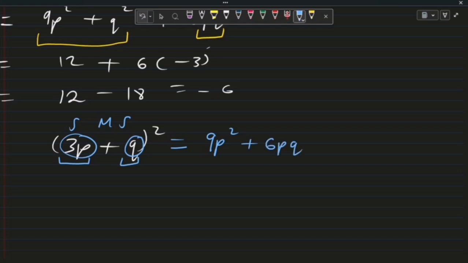So first step, you square the first term. The first term in this situation is 3p. The second step, you multiply the two terms and then you get the product. 3p times q is 3pq, and then you double it, or multiply it by 2, to obtain 6pq, and then last but not least you square the last term, you get q squared.